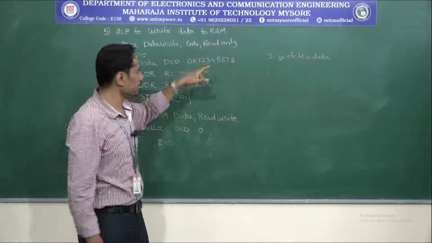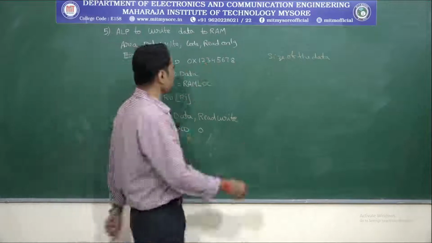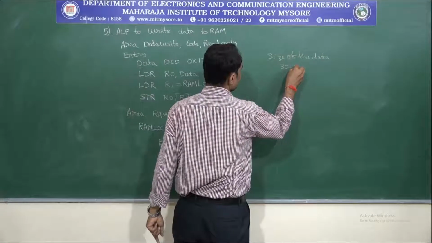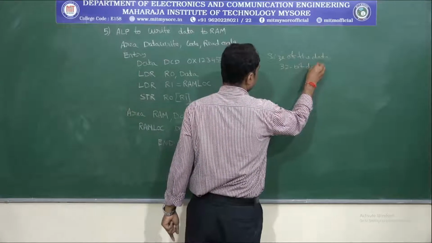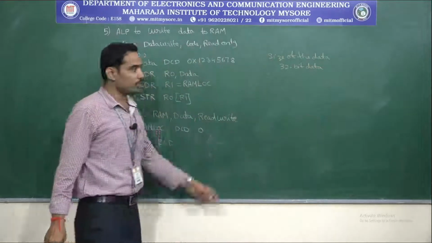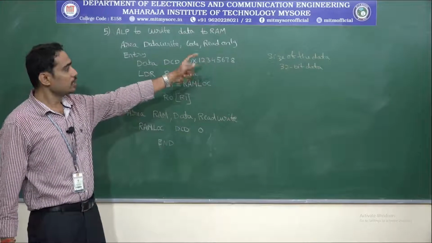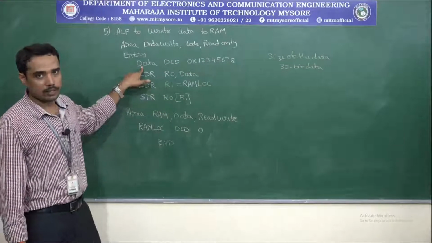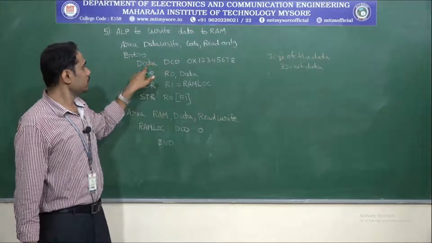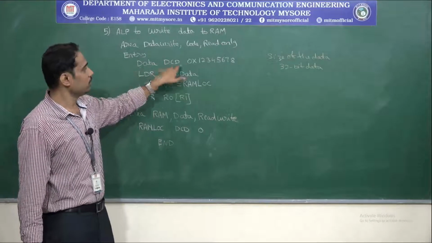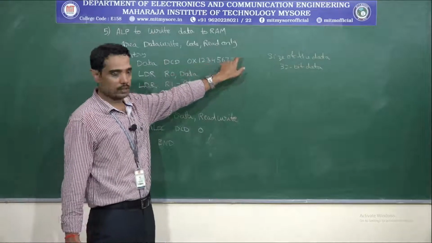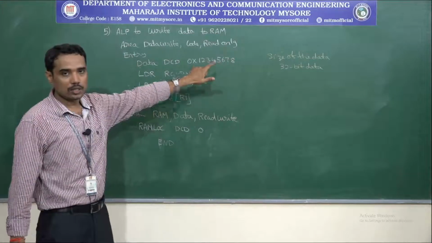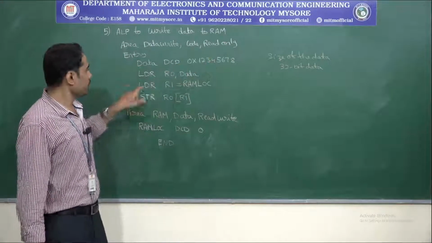For the sake of simplicity, let us take a 32-bit data. We are trying to move that 32-bit data into a memory location by using the assembler directive DCD, that is variable data DCD 0x12345678. This is the 32-bit data we are going to write into a memory location.